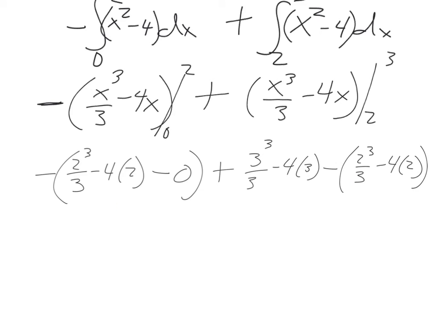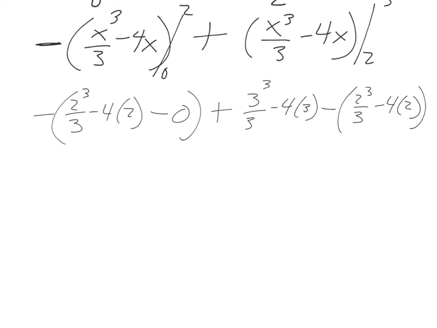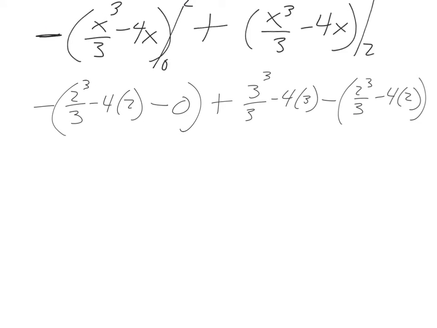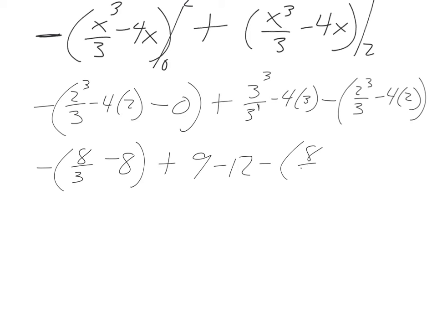But let's just go ahead and evaluate everything that we have, just straightforward here. What do we really have? We have a negative. 2 cubed is 8 thirds, minus 8. The minus 0 obviously doesn't matter. Plus 3 cubed is 27, but divided by 3, so that's really like 3 squared, or 9, minus 12, minus another 8 thirds, minus 8.